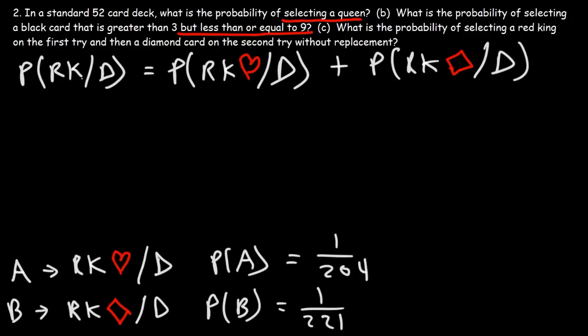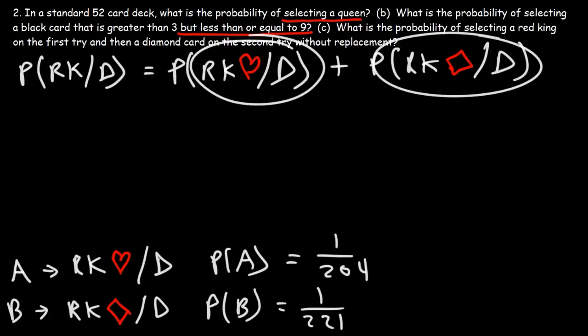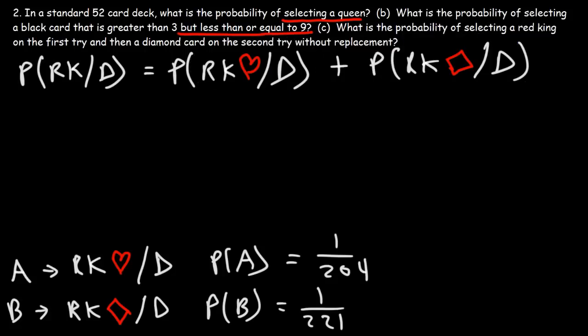We had to break up this problem into these two situations because the probability for those two situations are different. So this is going to be 1 over 204, and then the other one is 1 over 221. So we need to get common denominators in order to add these two fractions.